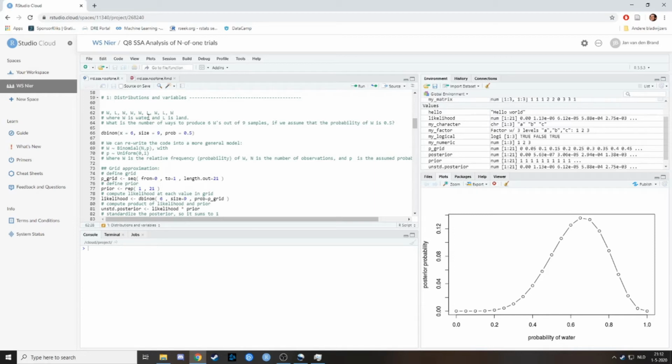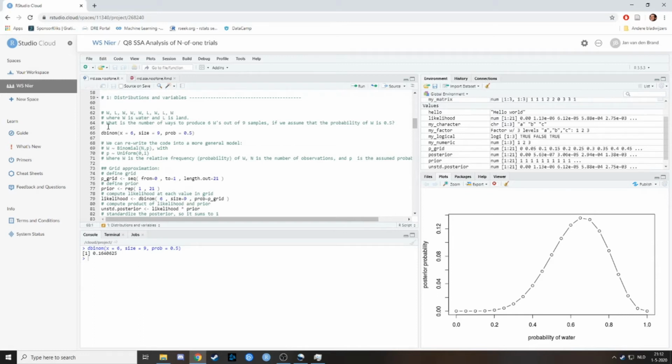So what if we assume that the probability of water is in fact 15%? How likely is this observation that we got 6 out of 9 times water?